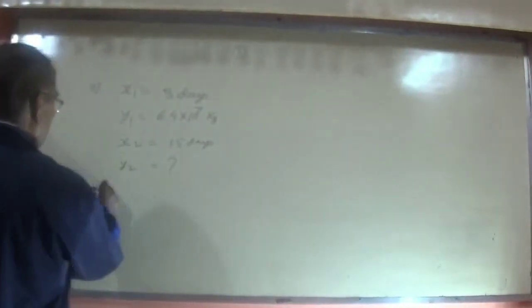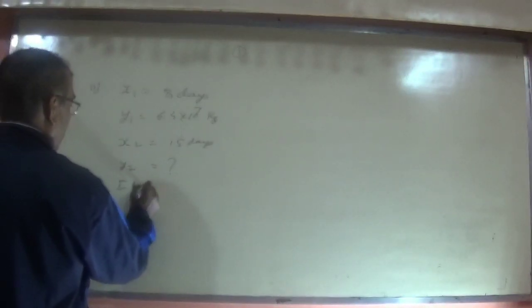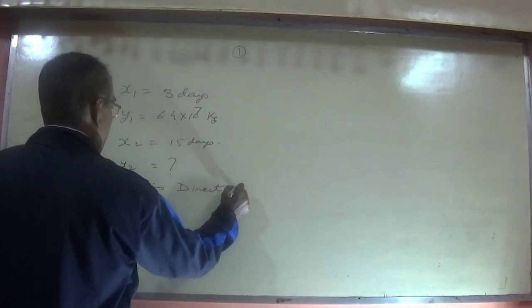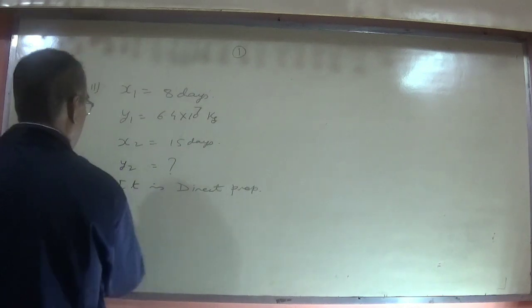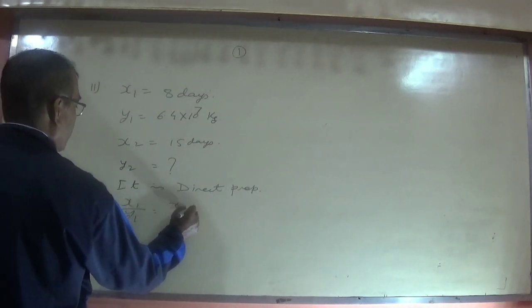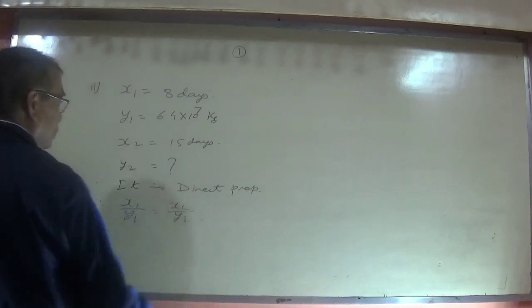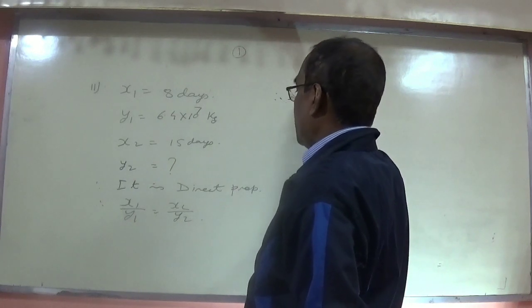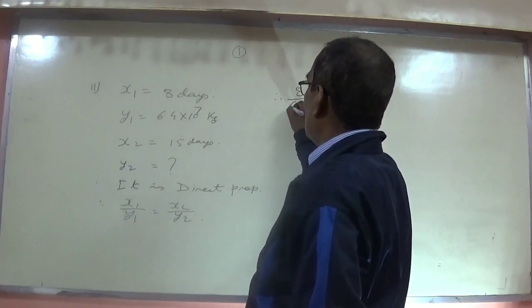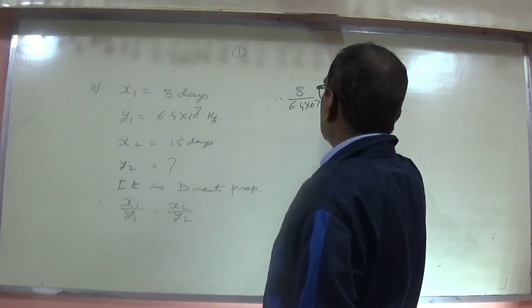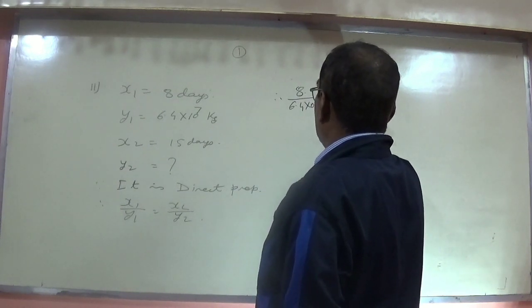Since it is direct proportion, therefore x1 by y1 is equal to x2 by y2. So x1 is 8 by y1 is 6.4 into 10 to the power 7 is equal to x2 is 15, and y2 we will have to find.